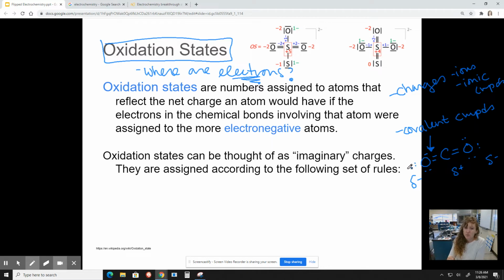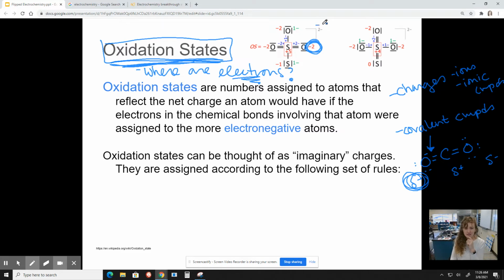However, we are going to assign charges, pretend charges, to this molecule so that we can track where electrons actually are and where they're actually going. It's more convenient for us to talk in terms of whole numbers than it is for us to talk in terms of these partial numbers. And so that's why we call them oxidation states, because we're tracking electrons, but those oxidation states are written to look like actual charges when they're not actual charges.